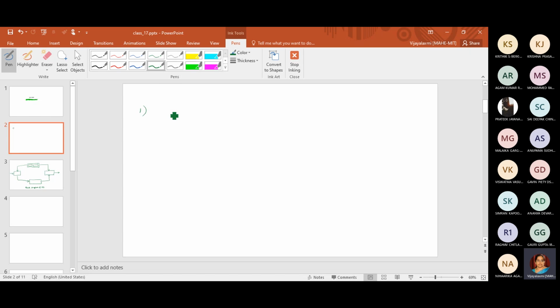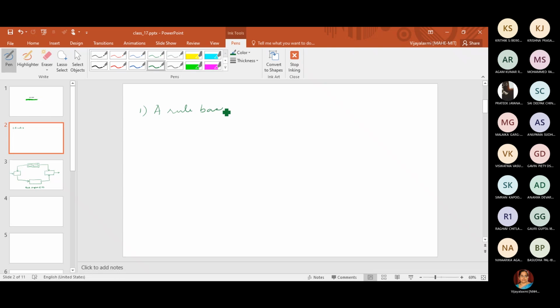The first block we call a rule base. This contains normally if-then rules. The second one is a database. This defines the membership functions of fuzzy sets used in fuzzy rules.